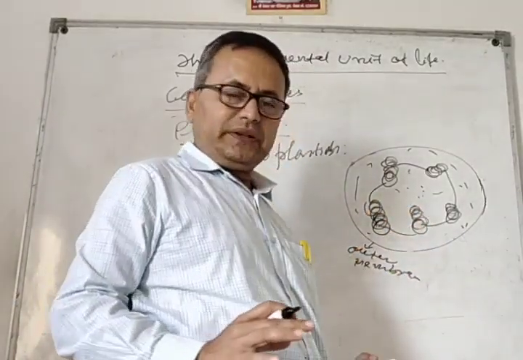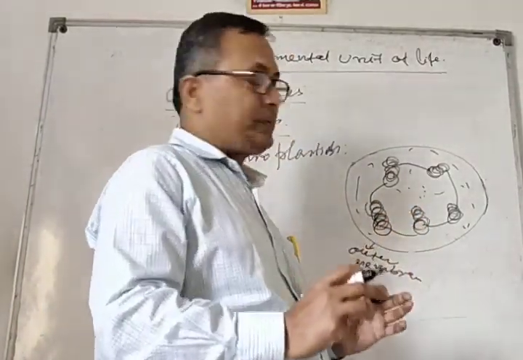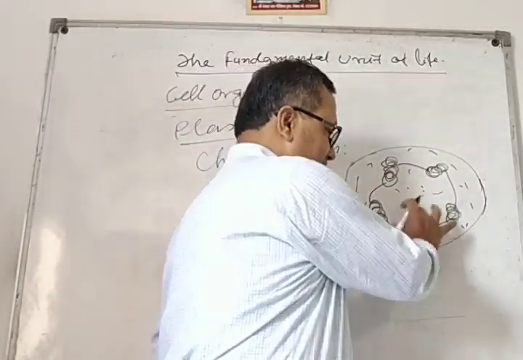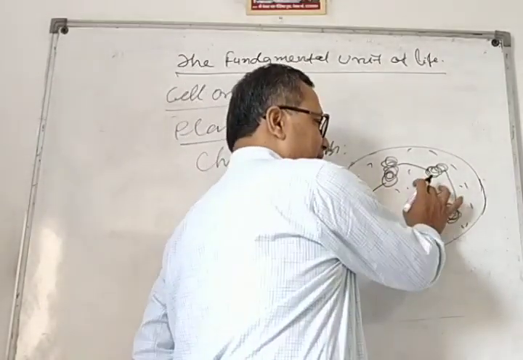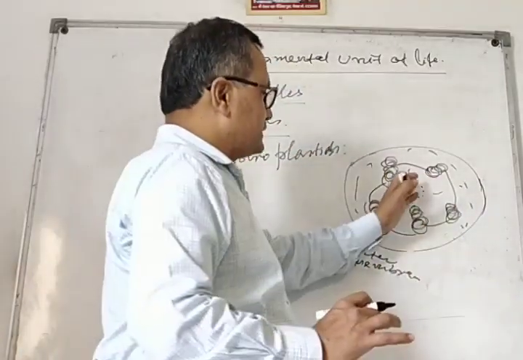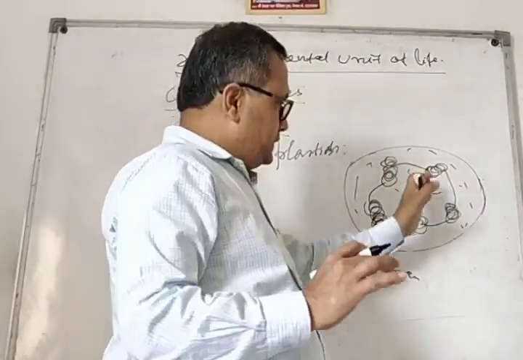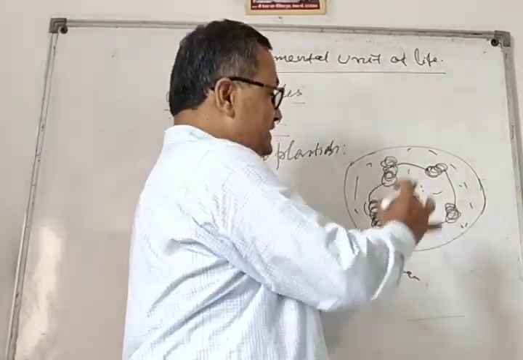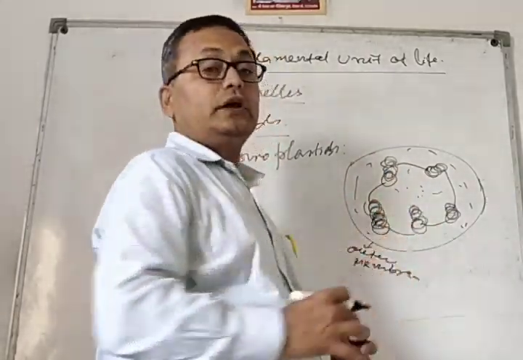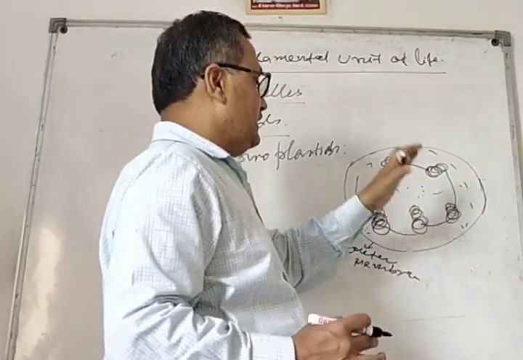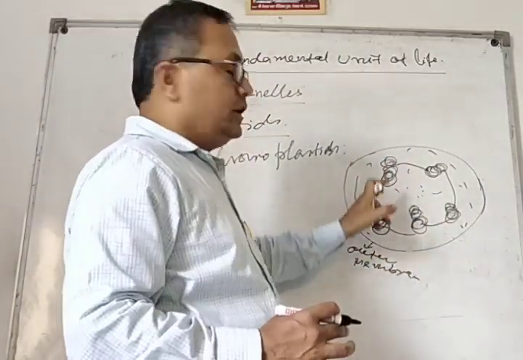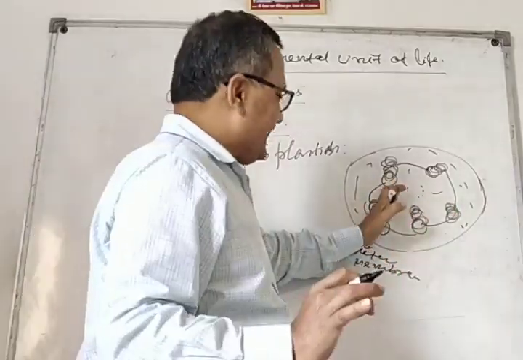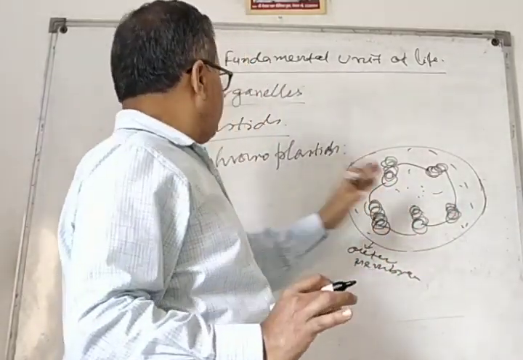Here chloroplast is present, then chlorophyll is present. That chlorophyll absorbs solar energy, the light reaction occurs, and in the stroma part, which consists of fluid substance, the dark reaction occurs, and in this way glucose is formed. So it is known as the kitchen of the cell.